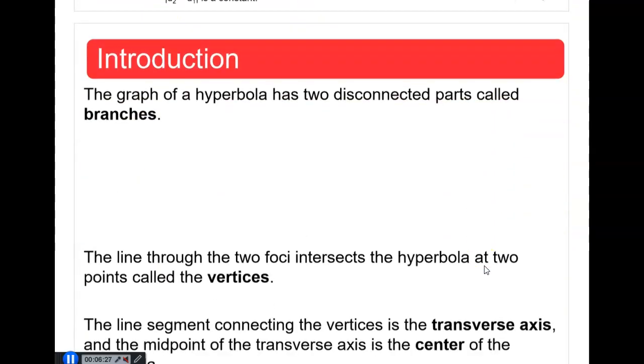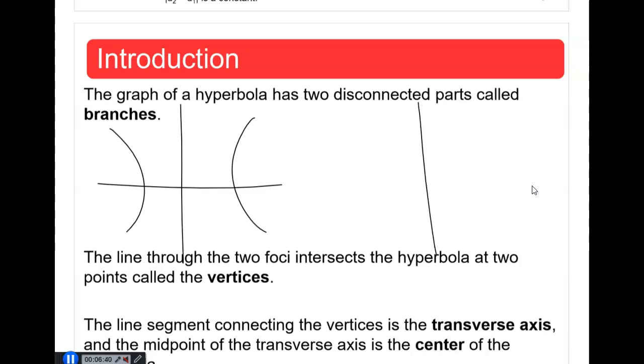So we already mentioned that they're called two disconnected parts. They're called branches. And so we actually do have two types. We can have branches going that way, or we could have the other type, just like we did with parabolas or with ellipses.